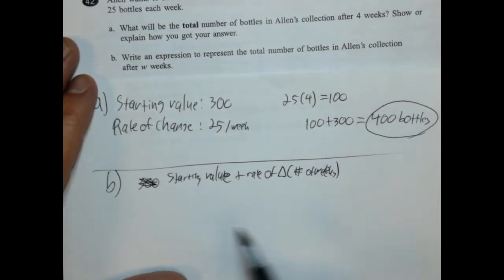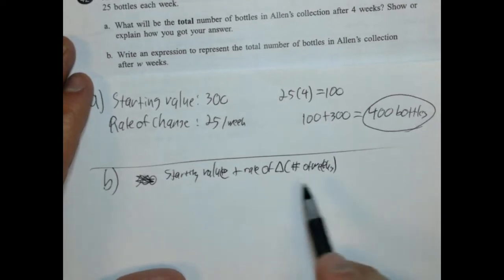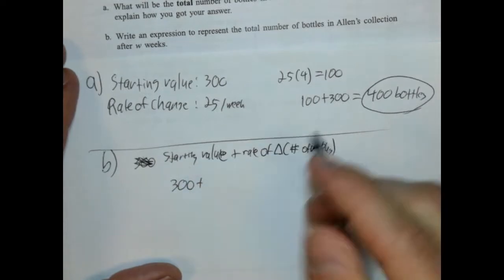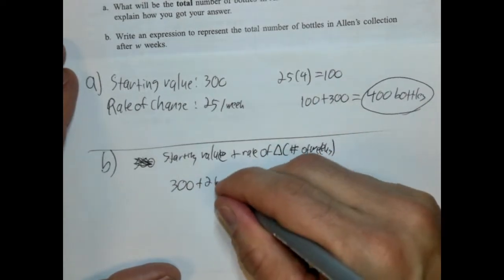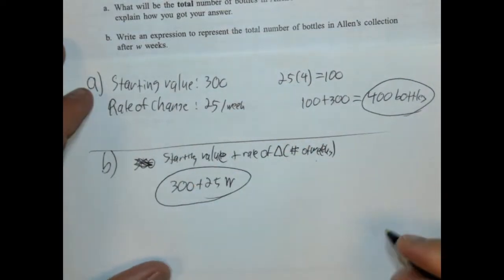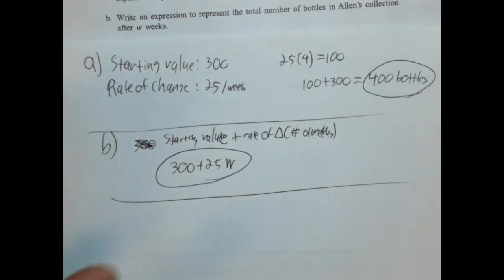So there are three things here: what it starts at, how much is changing each week, and how many weeks go by. The starting value is 300 bottles. The rate of change is 25. And the number of weeks is represented by the variable W. So that's it. And that's how these problems usually work.